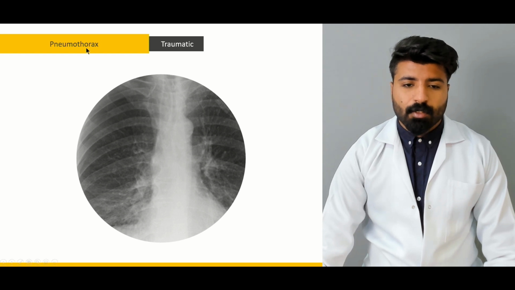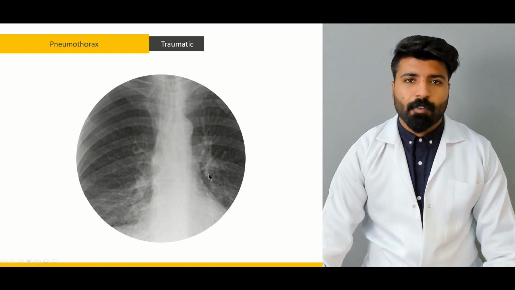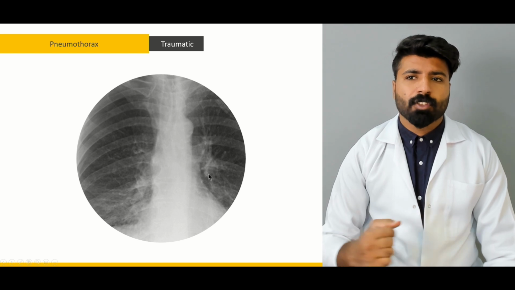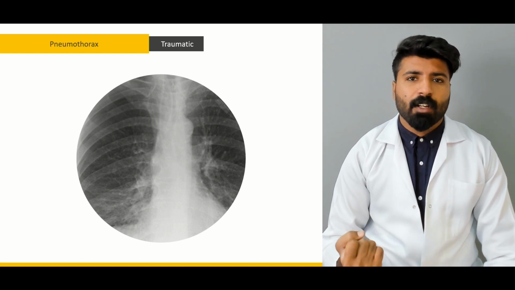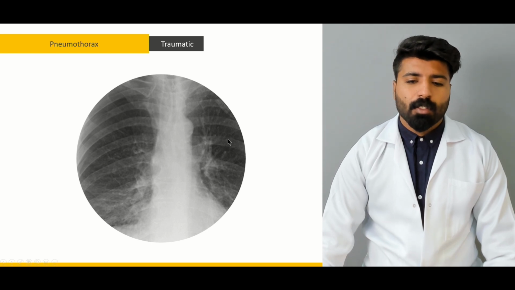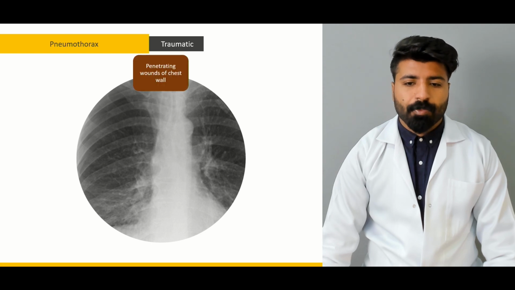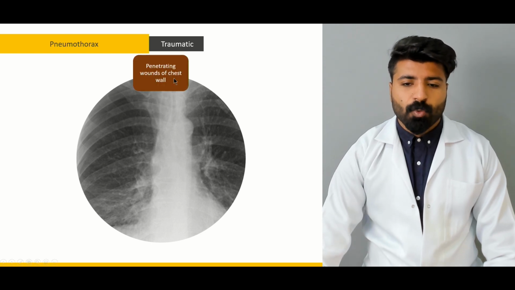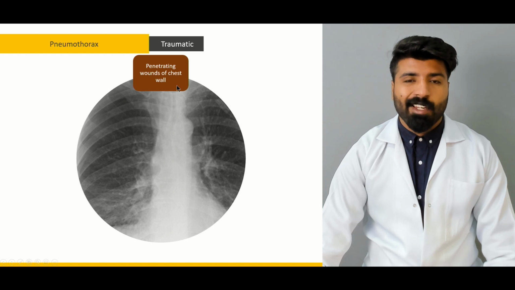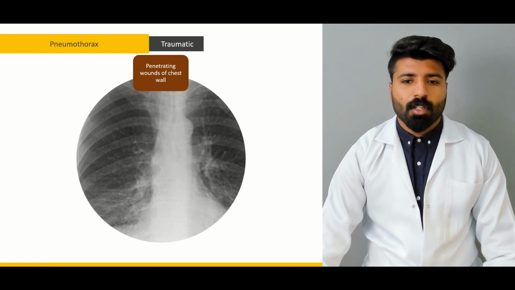As you can see, in traumatic pneumothorax, if a patient has blunt trauma, if the patient was attacked with a knife, whatever the reason was, after a blunt trauma, the affected area will be collapsed. So any kind of penetrating wound of the chest wall will cause traumatic pneumothorax.